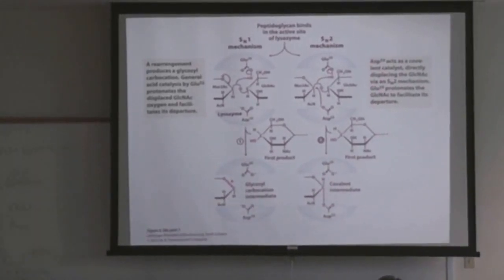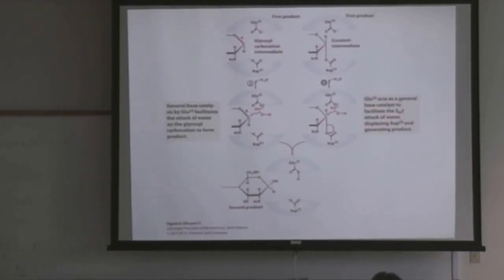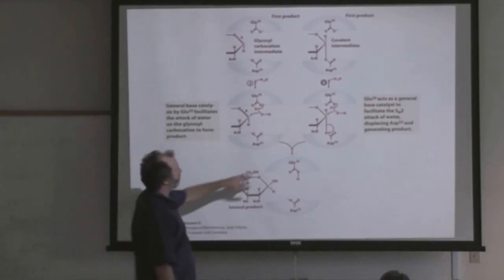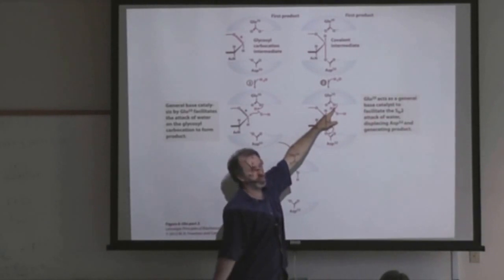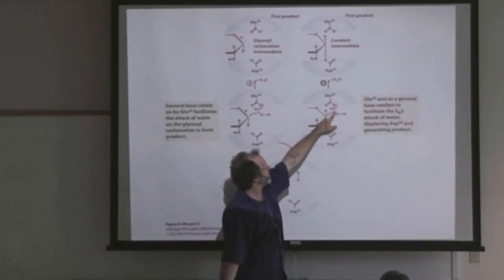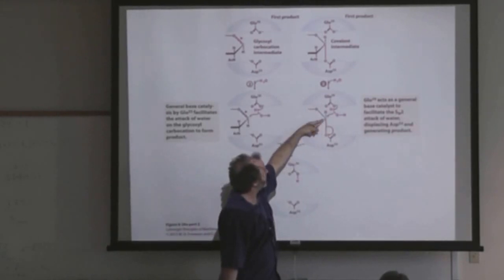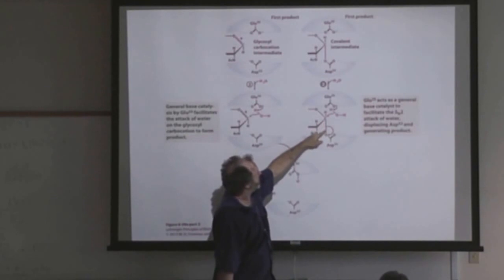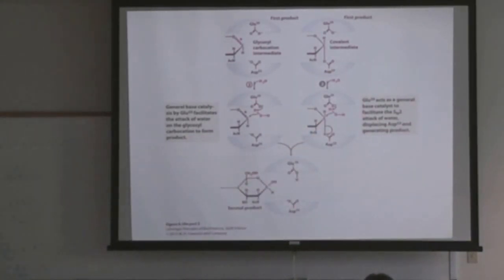The next step, water comes in. The glutamate residue 35 picks off a proton from that, allowing hydroxide to attack that anomeric carbon, which then the electrons go back to the oxygen on the aspartate.